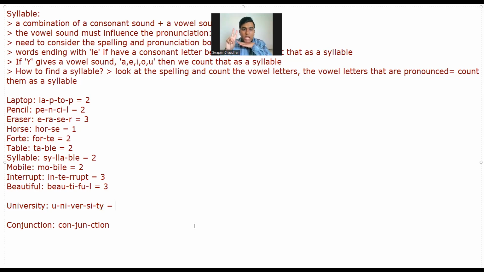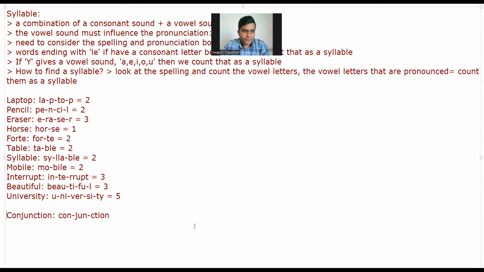Right? So we have five syllables over here. And then the last one, conjunction. Let's try to do it this way. Conjunction. Conjunction. Right? So over here we have three syllables. So that is another way to count the syllables.